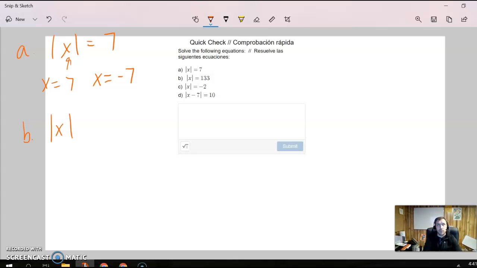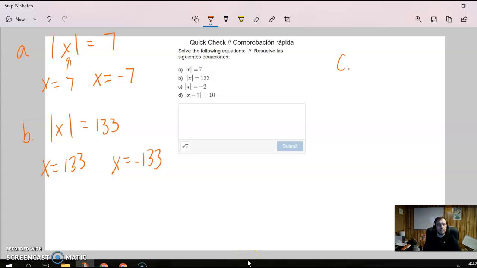If the absolute value of x is 133, which 2 numbers are 133 away from 0? The first one, 133, is 133 away from 0. But going in the negative, 133 away from 0 is, you guessed it, -133.